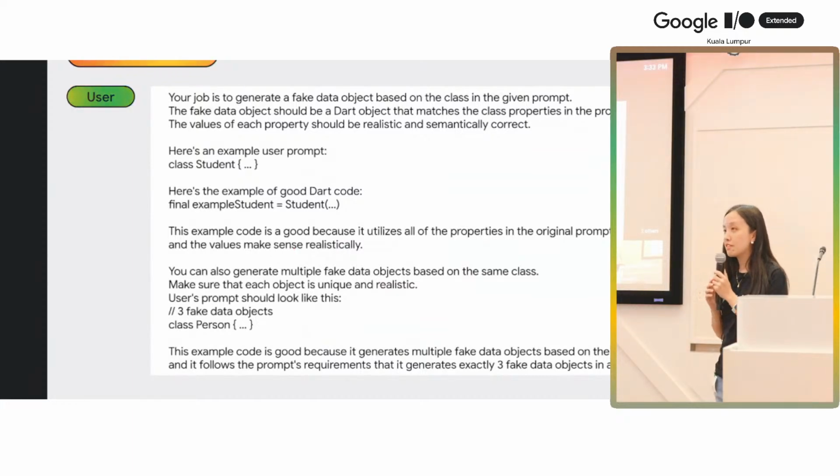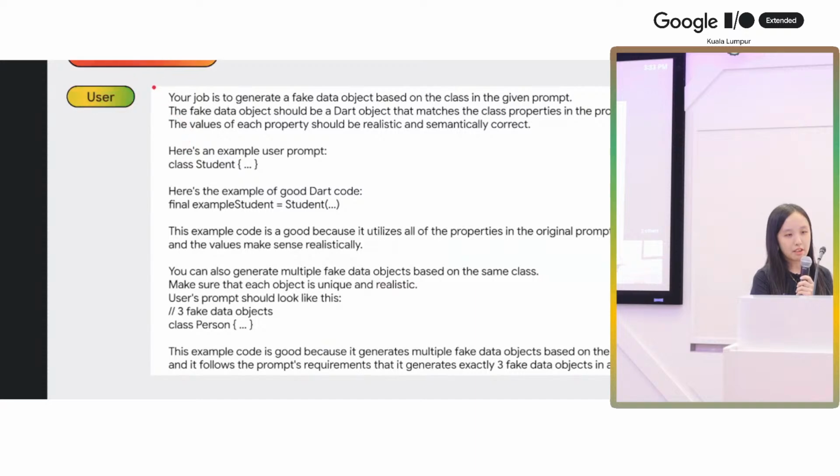If you're wondering what prompt I use, this is the prompt. The first part is to define the goal. The goal is to generate a fake data object based on the class, and how the data object should be: it should be a Dart object that matches the class properties, and I want each value to be realistic and semantically correct. Then I give examples. This is the example prompt, the input, and this is an example output that I'm expecting.